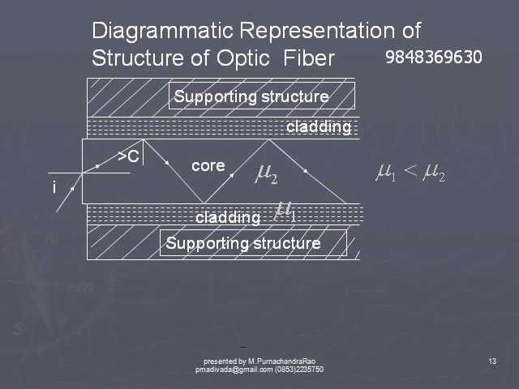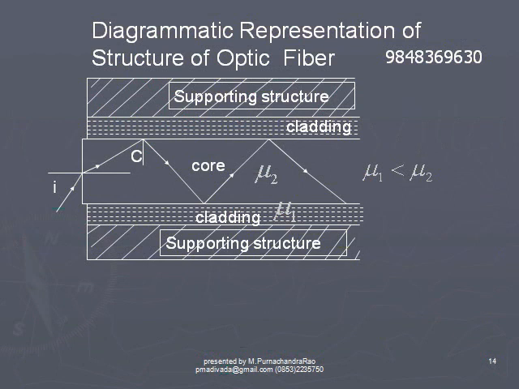It gets reflected once again and is incident at the second surface, and once again the angle of incidence will be greater than the critical angle. Like this, it continues to travel inside the core by undergoing multiple reflections. It will always be incident at an angle greater than the critical angle on the core-cladding interface, so it will not come out of this structure.